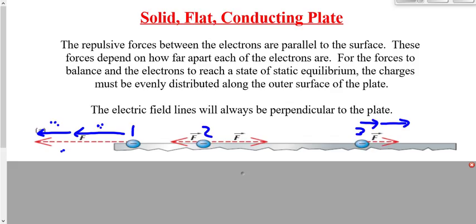But why is the combined force, I should say the net force on charge 3, smaller than the net force on charge 1? Yep, Julian? Because charge 2 is closer to charge 1. Now let's look at the middle one. There's a force of 3 on 2 acting this way, and a force of 1 on 2 acting this way. 1 on 2 is bigger because 1 is closer than 3 is.